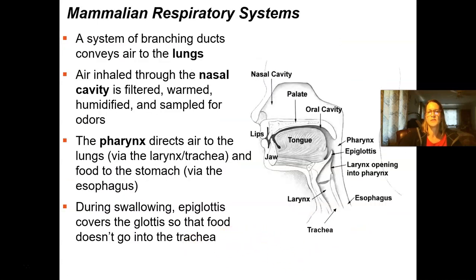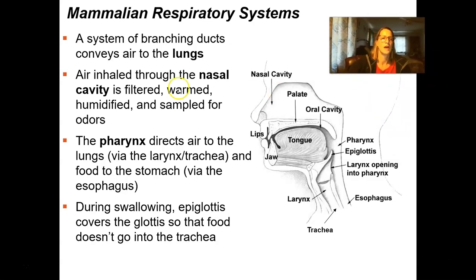So the mammalian respiratory system is basically a system of branching ducts that bring air into the lungs. For the first step, we have air inhaled through the nasal cavity right here. Within the nasal cavity, air is filtered through the little cilia and hairs that we have in our nostrils.